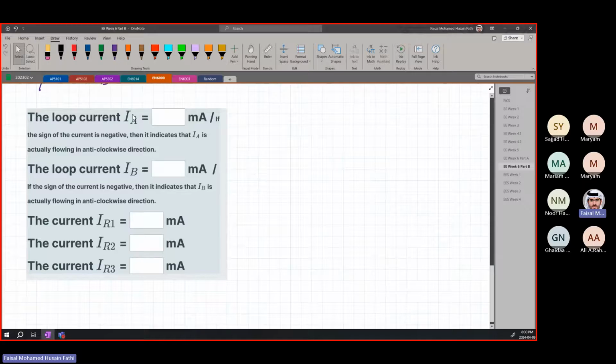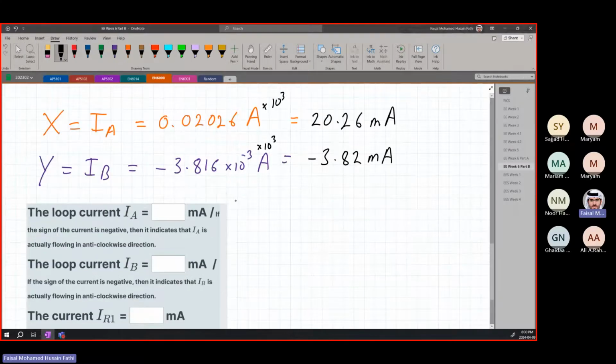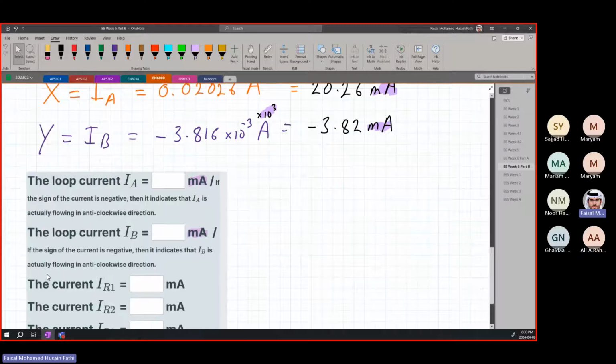They want the loop current IA and the loop current IB. IA we already found to be 20.26, and they wanted it in milliamps, so we multiplied by 10 to the power 3. Same thing for IB, we already converted it to milliamps. We found the loop currents IA and IB, and you can notice it says the sign of the current is negative.